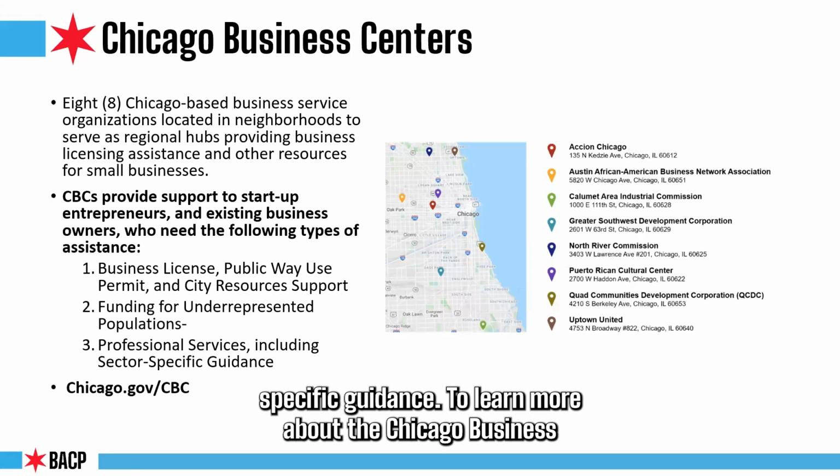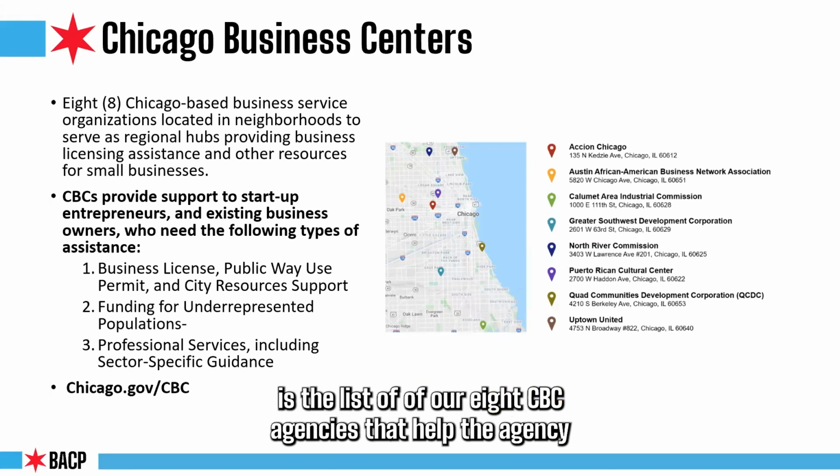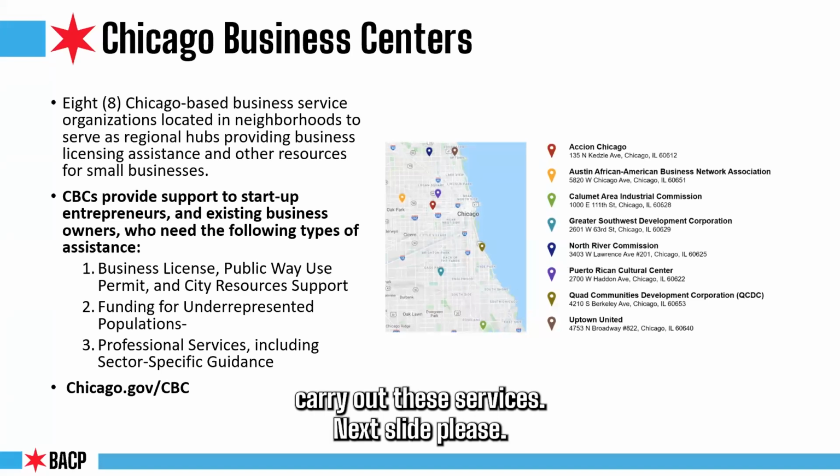To learn more about the Chicago Business Centers, go to chicago.gov/CBC. And as you can see on the screen is the list of our 8 CBC agencies that help carry out these services.